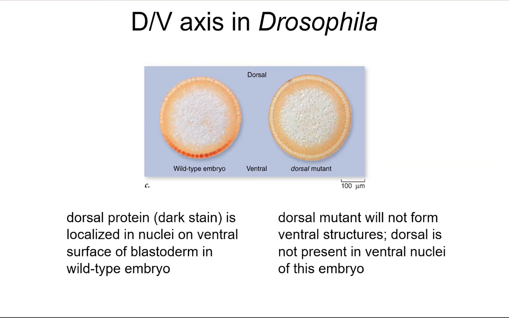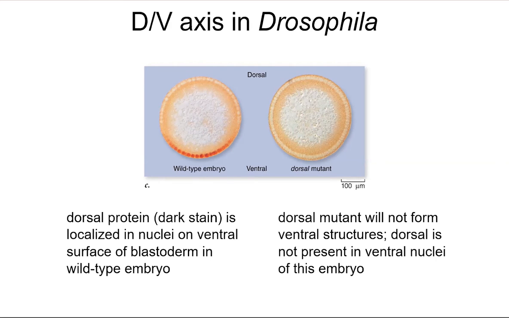Dorsal-ventral axis development in Drosophila is also dependent on maternally expressed genes. Dorsal is a maternal gene involved in determining this axis. In dorsal wild types, the dorsal protein localizes in the nuclei of cells at the ventral surface of the zygote and is a transcription factor involved in the production of ventral structures.